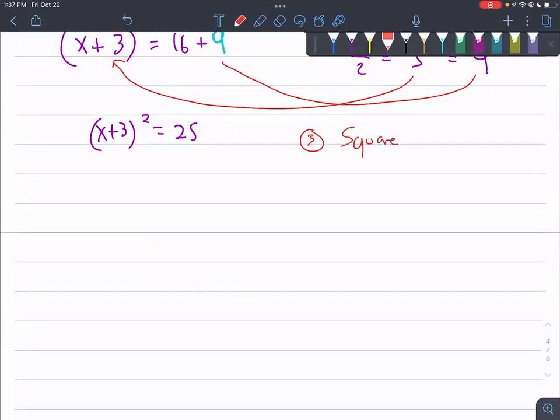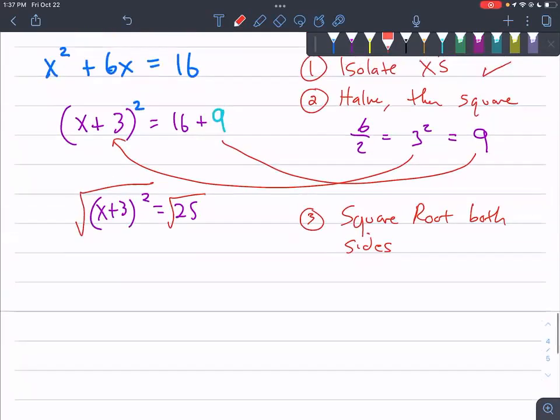Okay, and this is a new step here. This is the last step. We're going to square root both sides. Well, we did add the 9 to both sides, but I just didn't show it on the left because you would end up with x squared plus 6x plus 9.